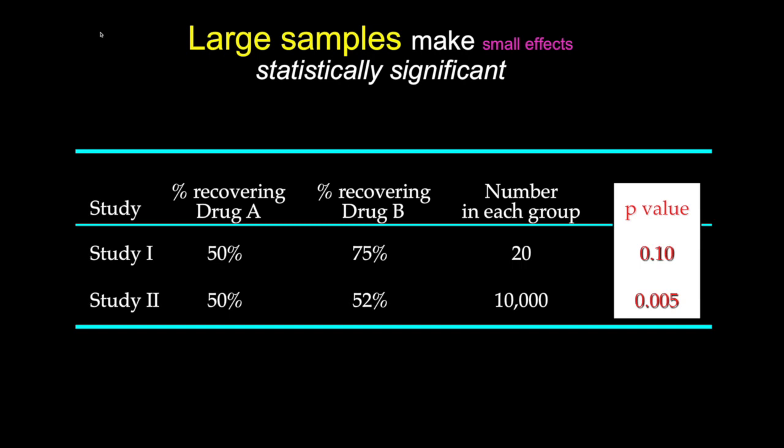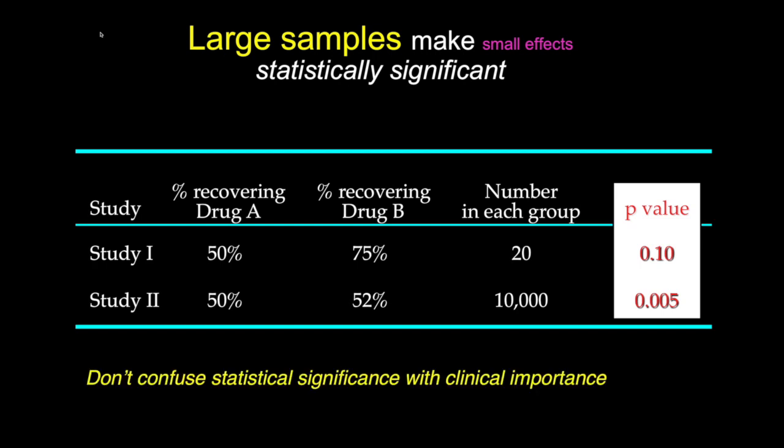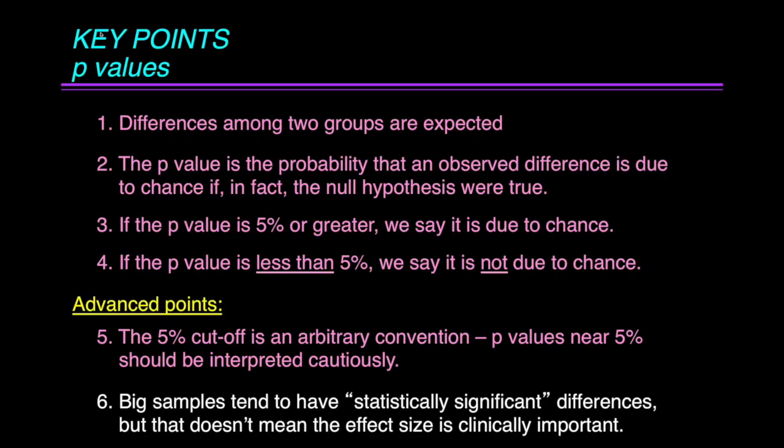P is less than 0.005. So the point here is don't confuse statistical significance with clinical importance. Big samples tend to have statistically significant differences, but that doesn't mean the effect size is clinically important.